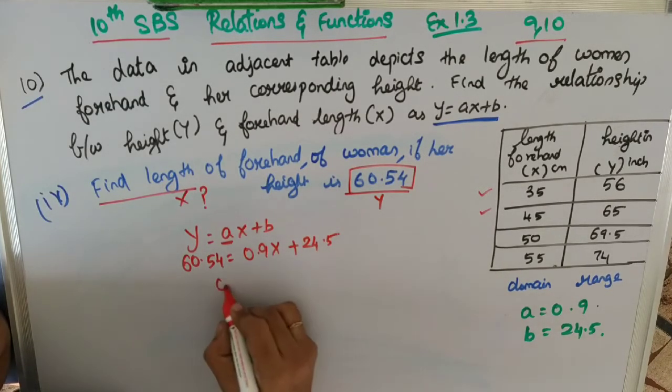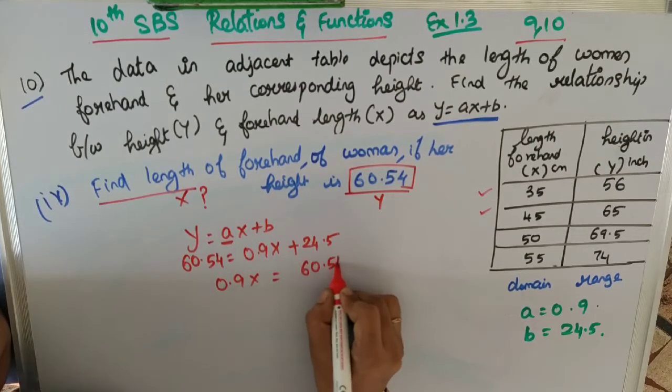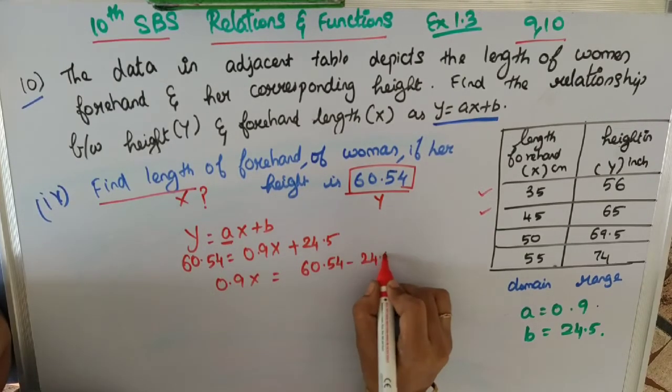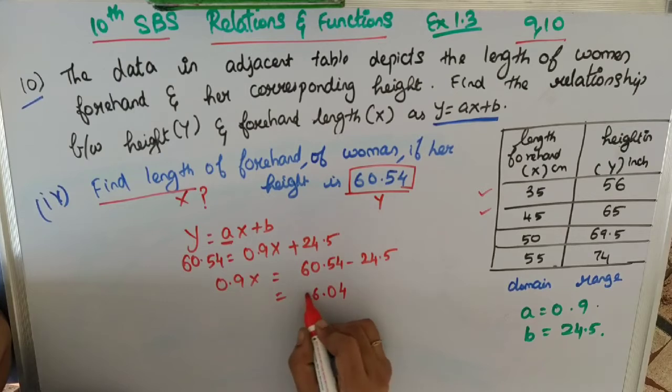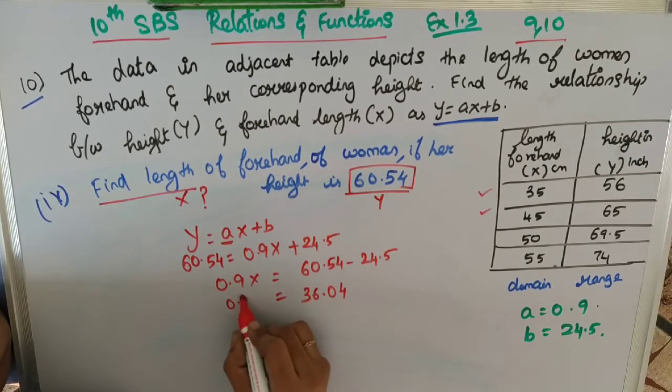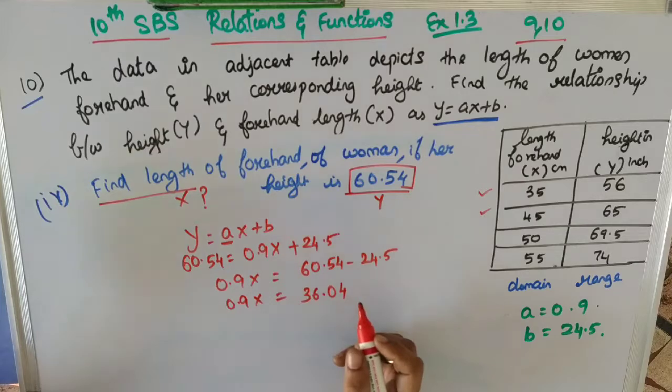Okay. Now we have to take 24.5 to the other side. So 0.9x is equal to 60.54 minus 24.5 because the sign changes when we change the side. Okay. Now on subtracting we get 36.04. So 0.9x is equal to 36.04.